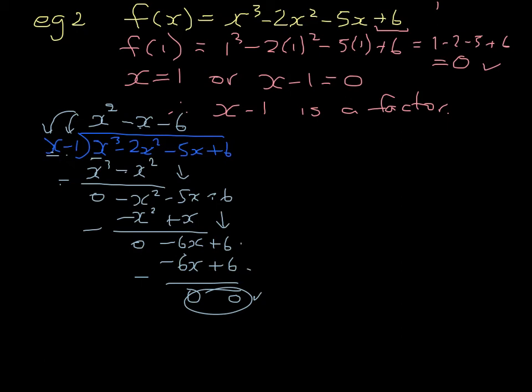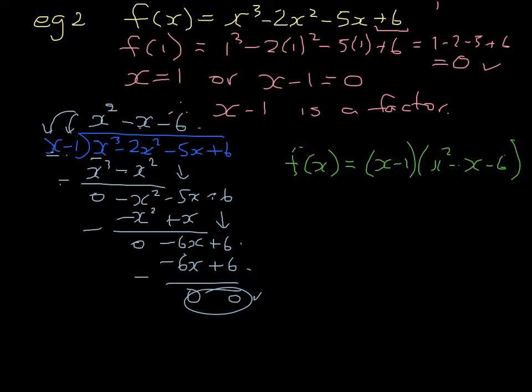That tells us that the answer to our question is function of x is actually equal to x take 1, that's what we divided by, and the answer we got at the top is x squared, take away x, take away 6.